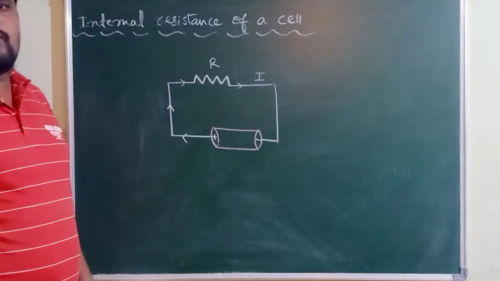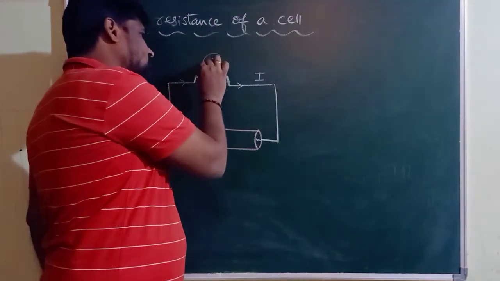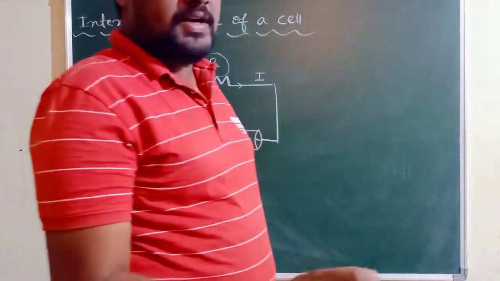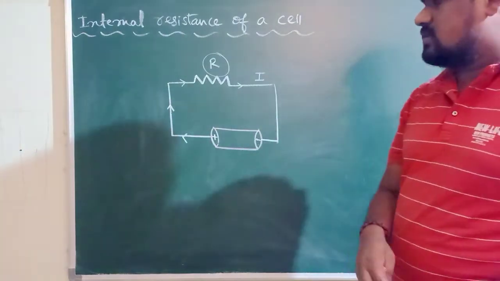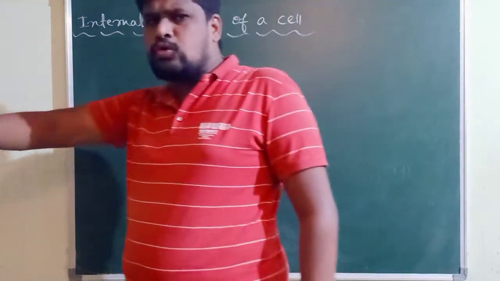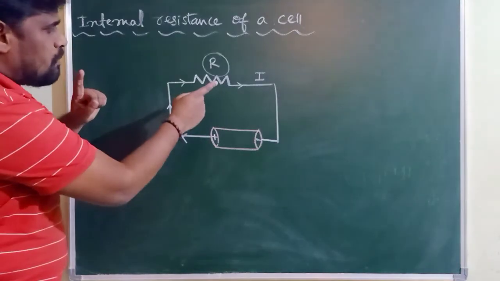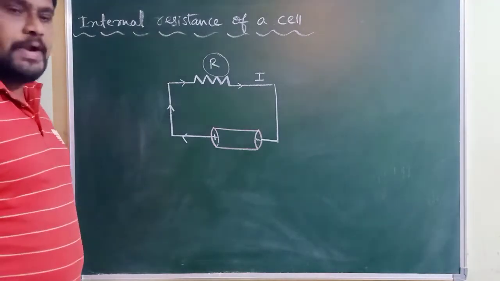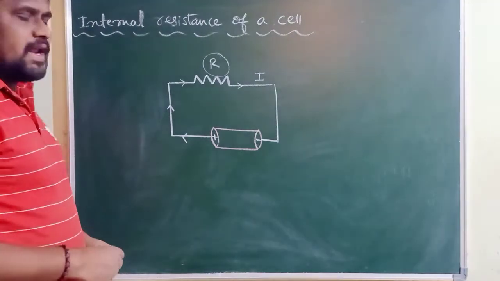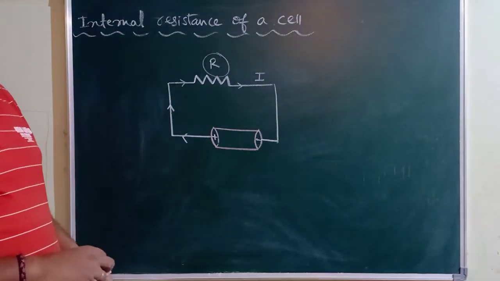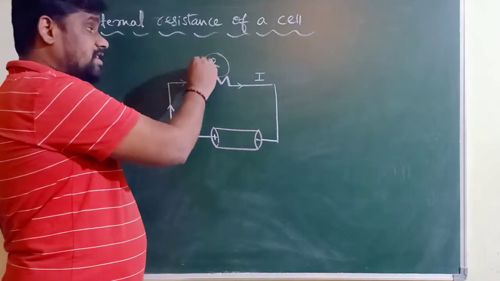That opposition, we'll call it external resistance, and that external resistance is denoted by R. Whatever components you are considering apart from the cell, through those components the current starts flowing, but the external circuit exerts some opposition for the electric current.